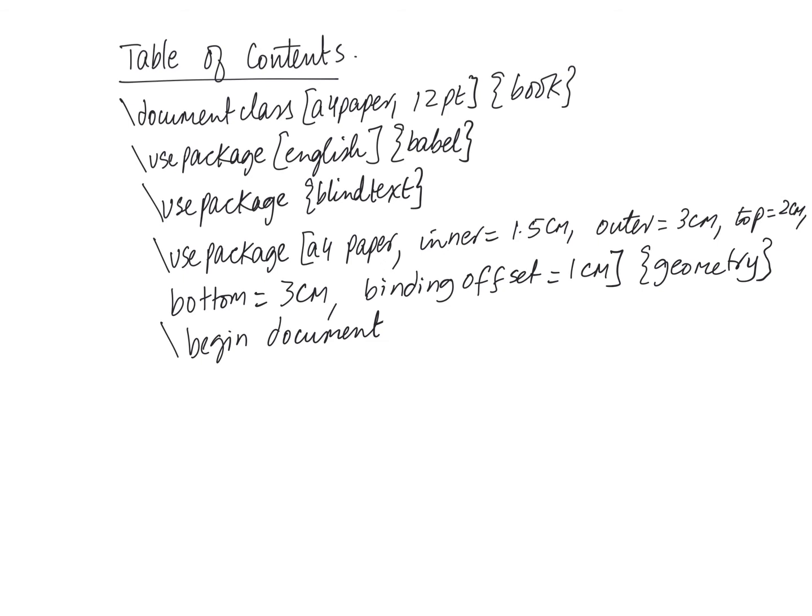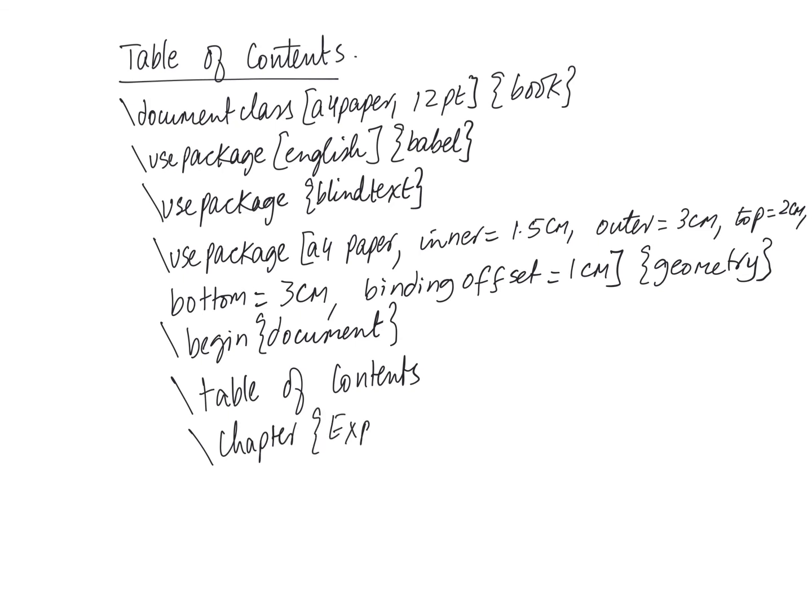And obviously, when you're writing a book, you can keep increasing your table of contents and things. You'll keep modifying as your book progresses. So the first thing after begin would be table of contents. And then we'll put the chapter, whatever the name. Let's say exploring page layout.